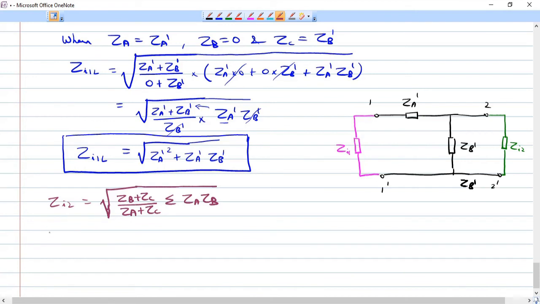So again we have to replace Za with Za dash to get our L network like this. Okay. Then Zb is equal to 0 and Zc is equal to Zb dash. Okay. So this is our Zb dash.